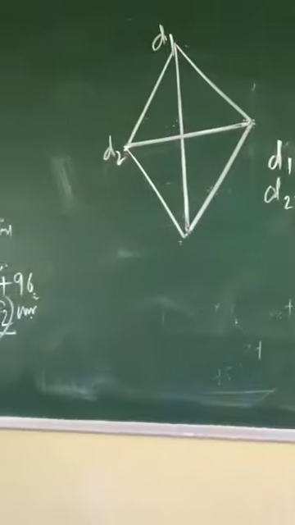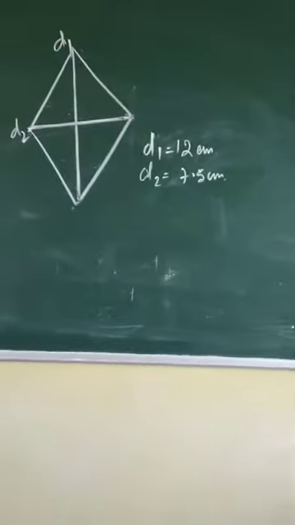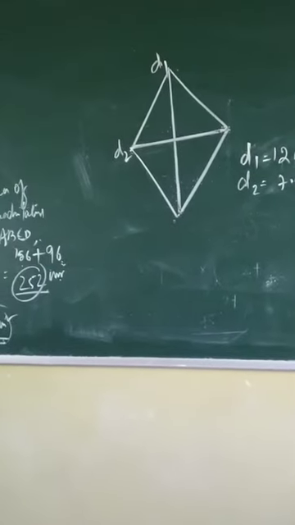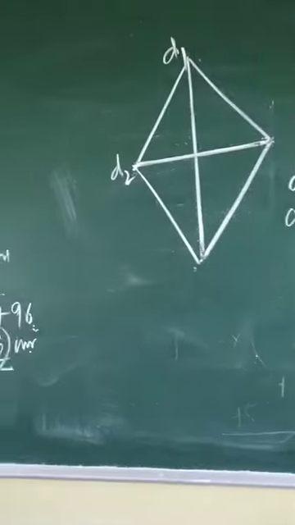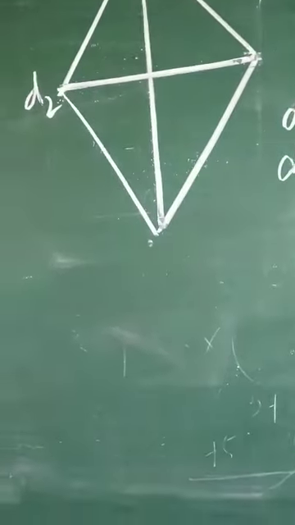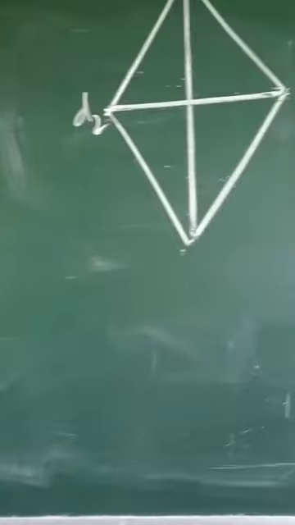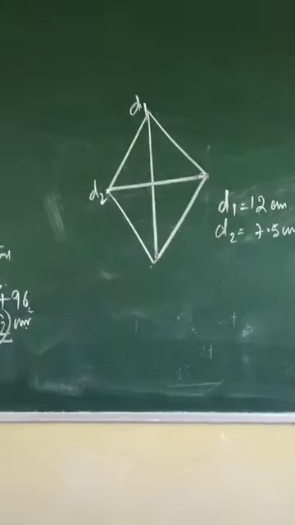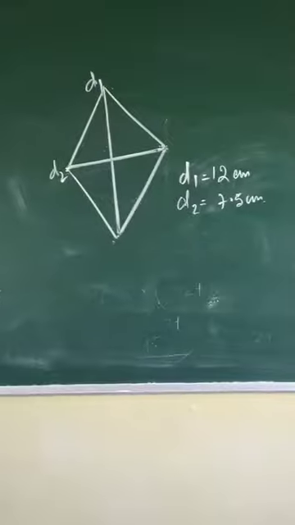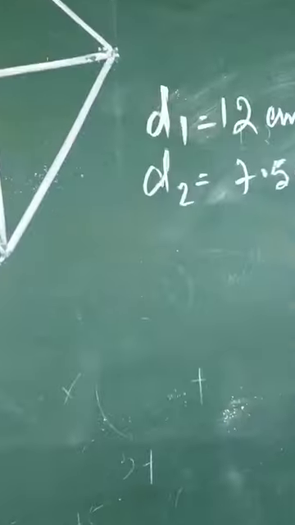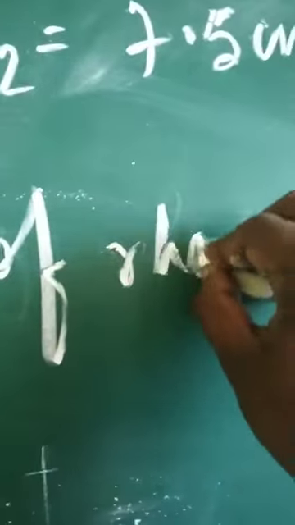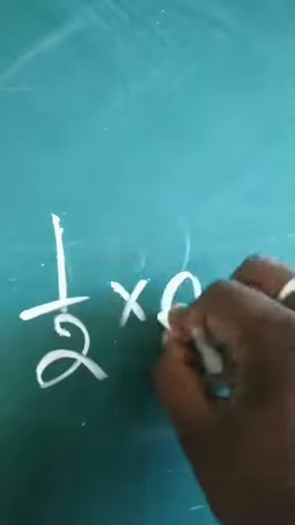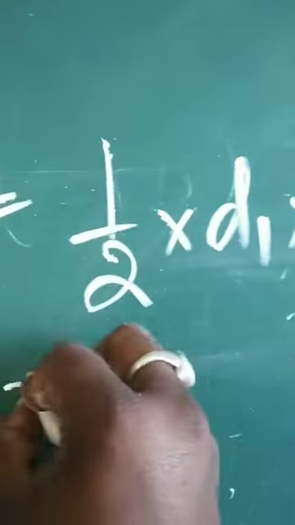Children, as we all know, a rhombus is a special parallelogram. If we had been given the measures of height and base, we could have easily calculated it. But we don't know the height and base; we know the measures of the diagonals. So there is a direct process to find the area of a rhombus. Area of rhombus is equal to half into D1 into D2.